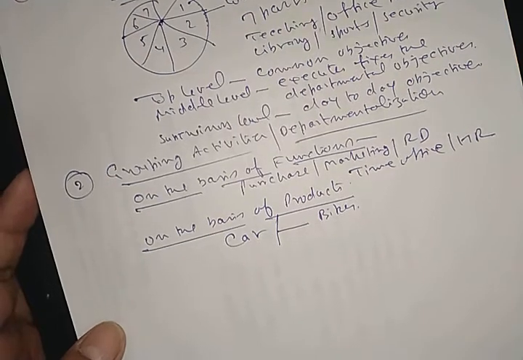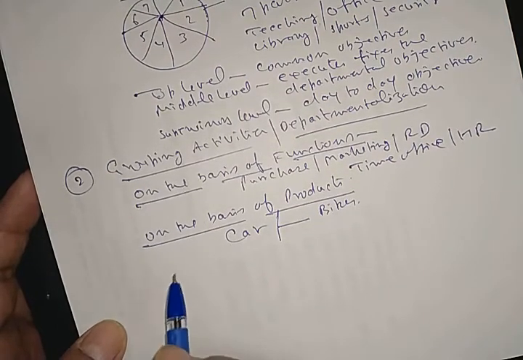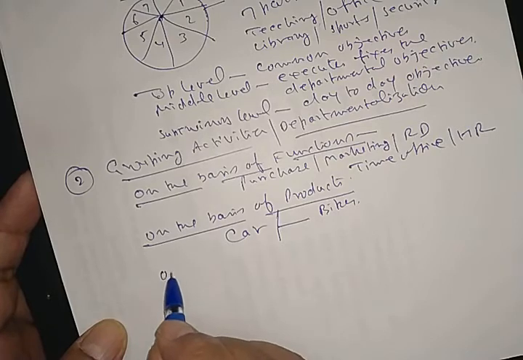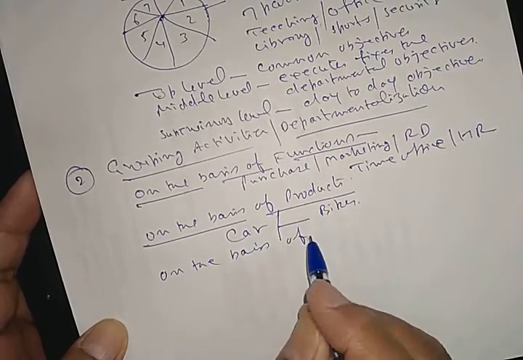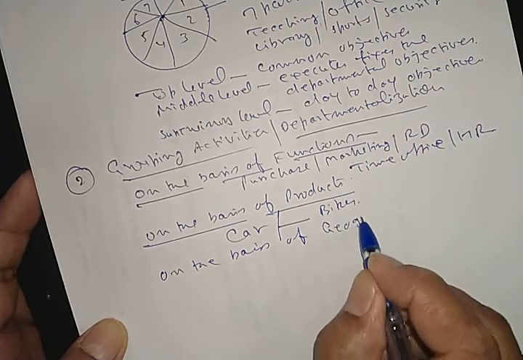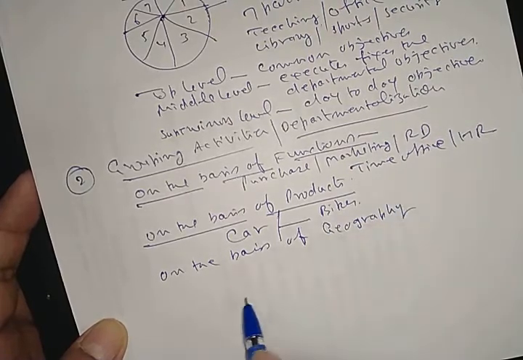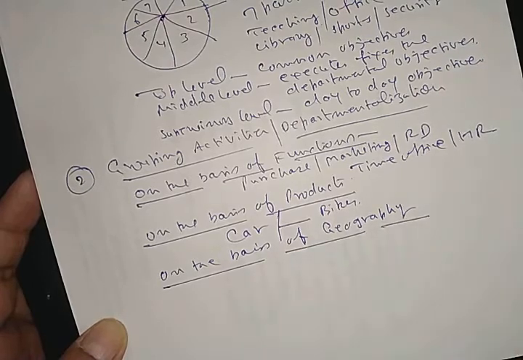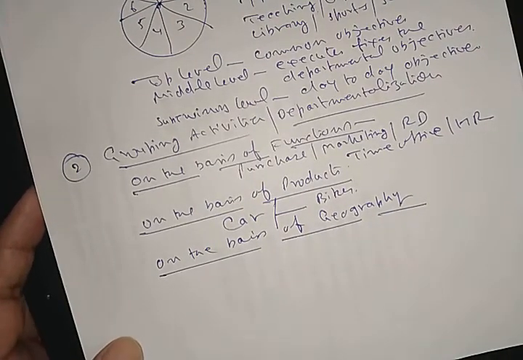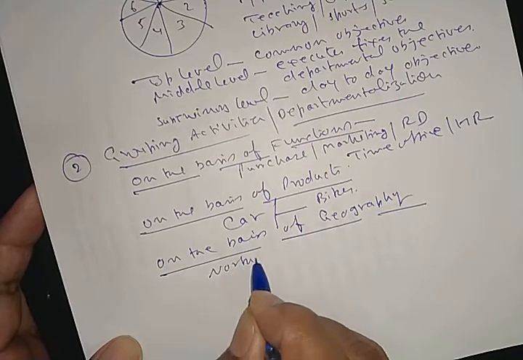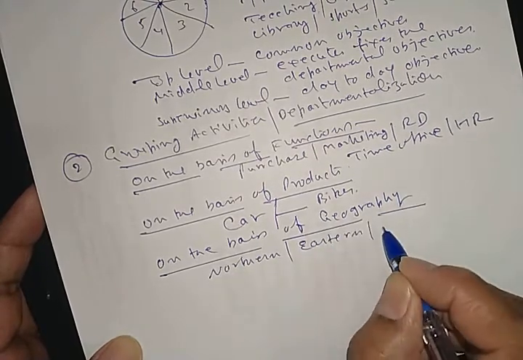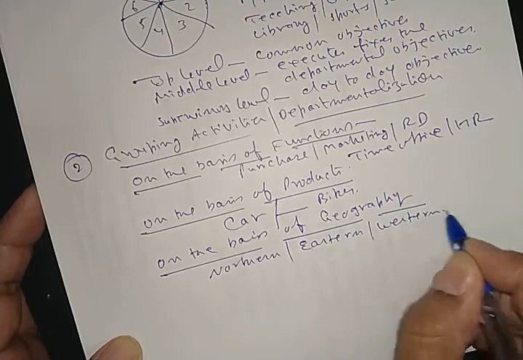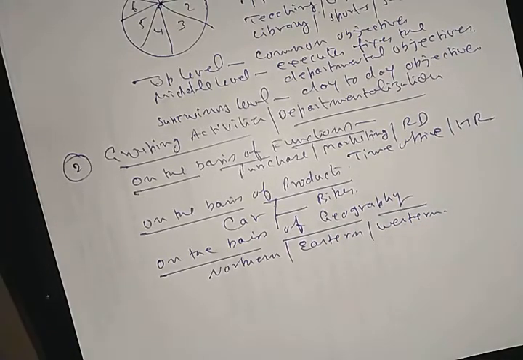So on the basis of products, departments can be formed. Departments can also be formed on the basis of geography, like northern, eastern, western, etc. So like this, children, we group the activities.